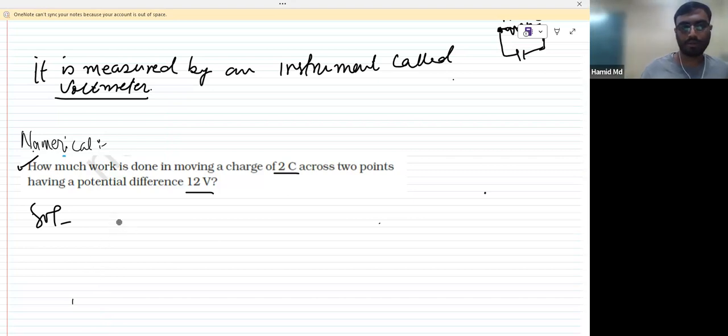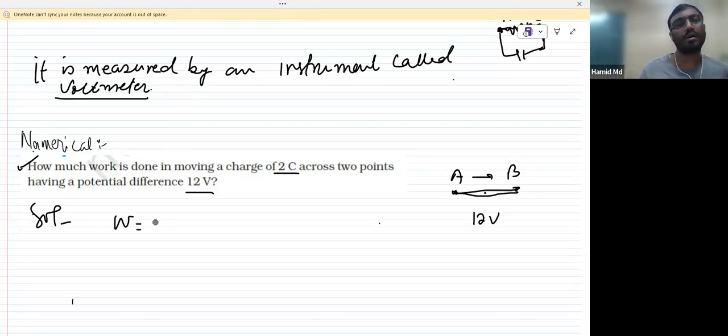So we already know that W, the work done in bringing a charge from one point A to another point B, when the potential difference is 12 volt, will be equal to Q into V. V is 12 volt and charge is 2 coulomb.